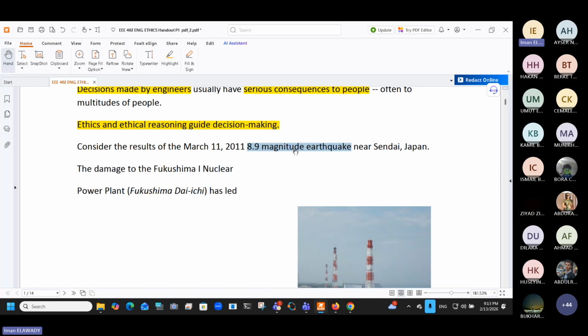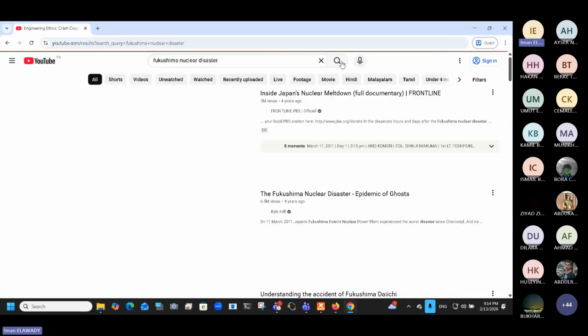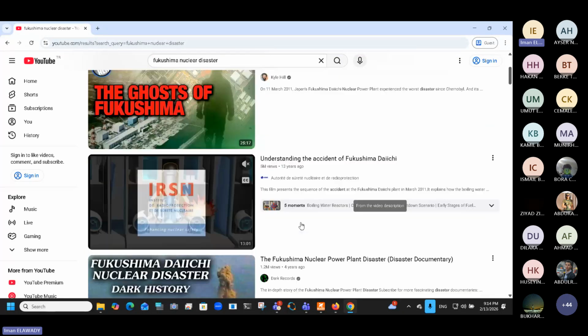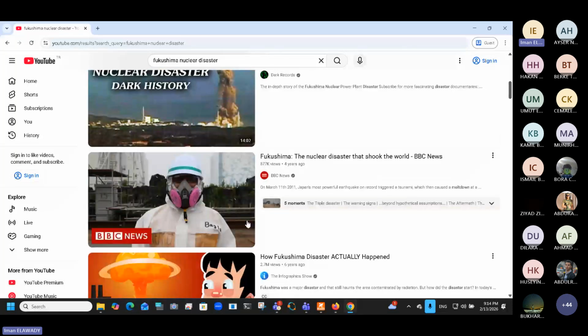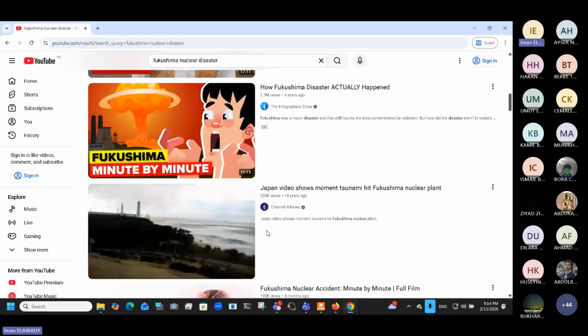This earthquake affected a nuclear facility and damaged it, famously known as Fukushima nuclear. Maybe you can find videos about the disaster. It caused a lot of disaster.